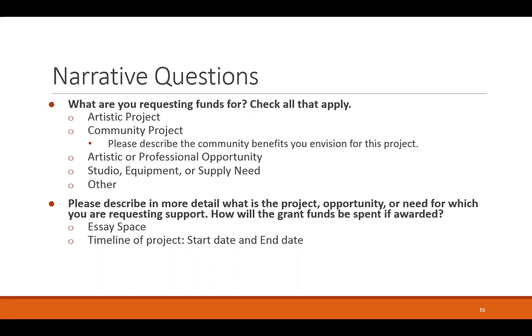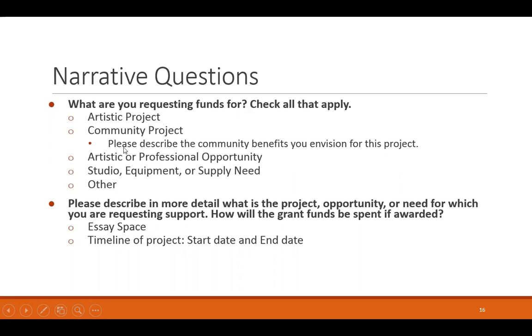So note, every single one of these is a checkbox. You can say that you're applying for something that is an artistic project, a community project, and an artistic or professional opportunity. Or you're applying for something that is the studio equipment or supply need and other, because the thing that you're doing isn't really reflected here.